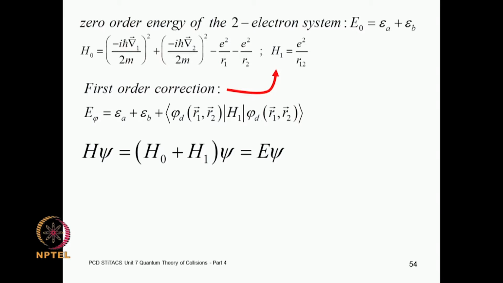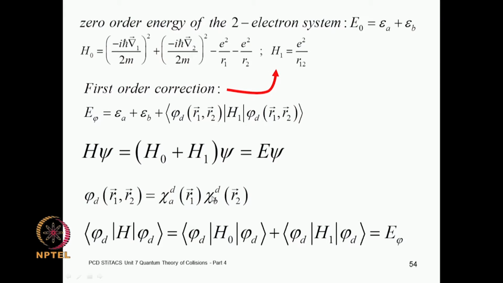So, you have now the perturbation H1, and E phi will give you the energy correction due to the electron-electron interaction if both the electrons are in the discrete. So, this is the possibility we have considered over here.